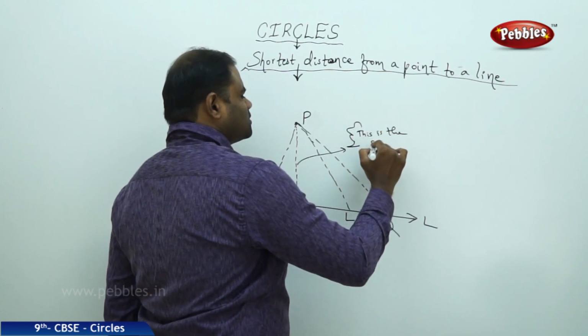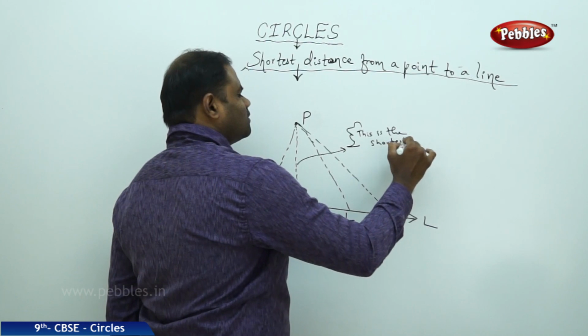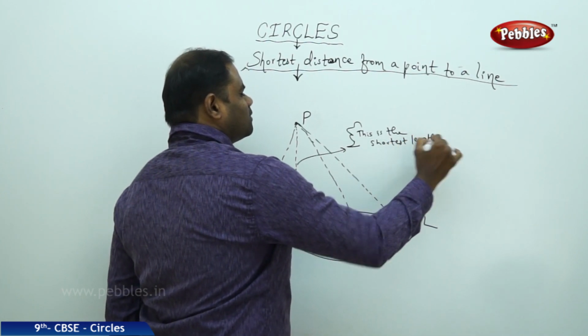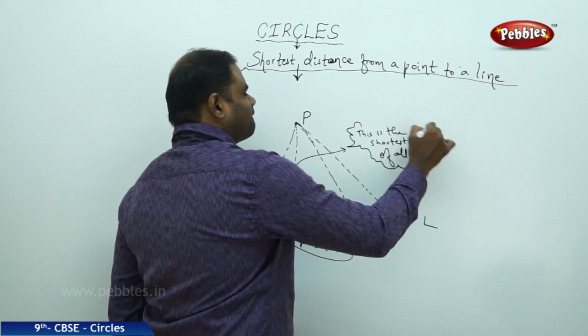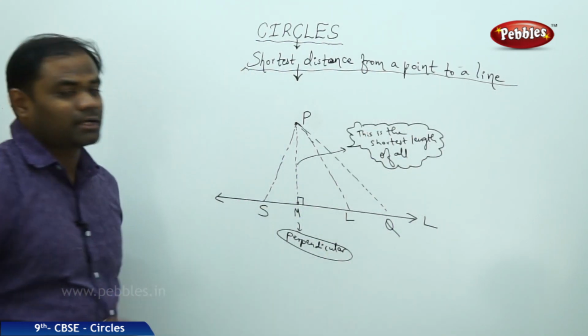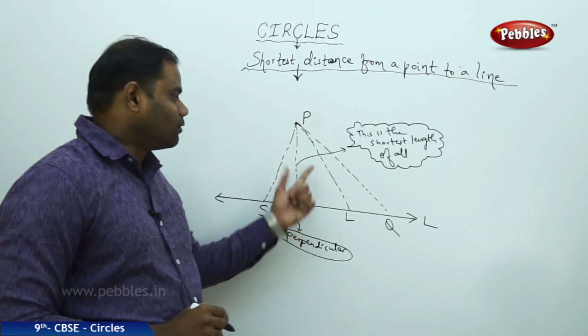This is the shortest length of all, is how we understand the shortest length of all is PM.